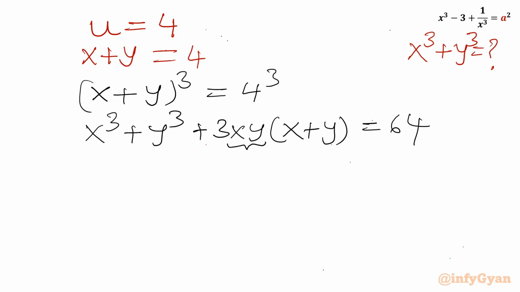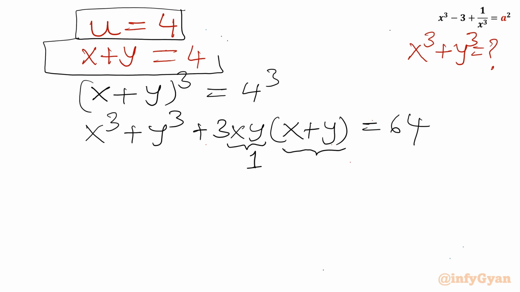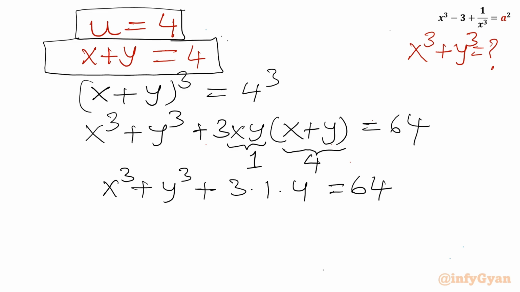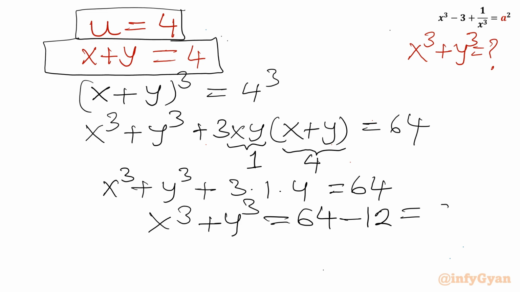Now x times y is 1, x + y is 4. So I will be writing 4 here. So x³ + y³ + 3 times 1 times 4 = 64. x³ + y³ will be equal to 64 − 12 = 52.